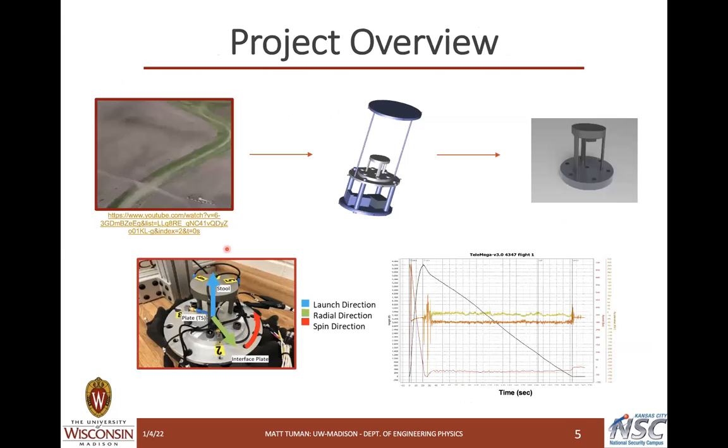To test our theories and methodologies, we use flight data from a sounding rocket that flew for Kansas City National Security Campus. Inside the sounding rocket was a substructure that contained a dummy payload, which we call the stool and plate, as shown here.